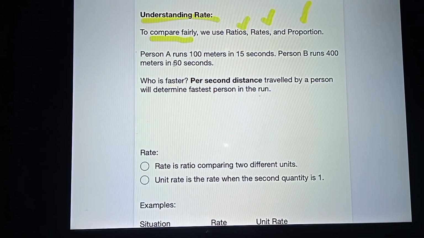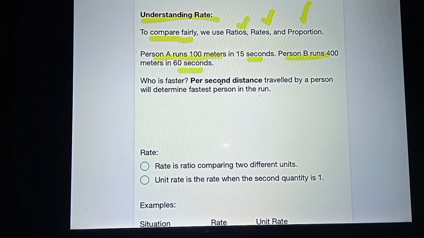For example, in case of running, person A runs 100 meters in 15 seconds, person B runs 400 meters in 60 seconds. Then in this situation, who is faster?